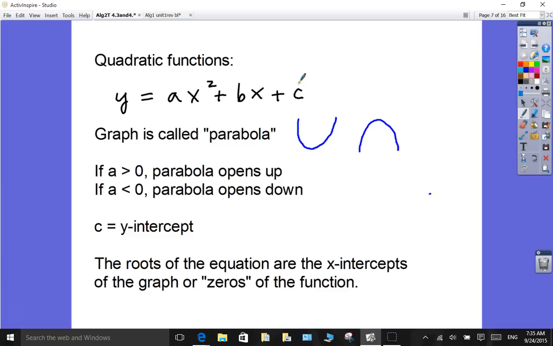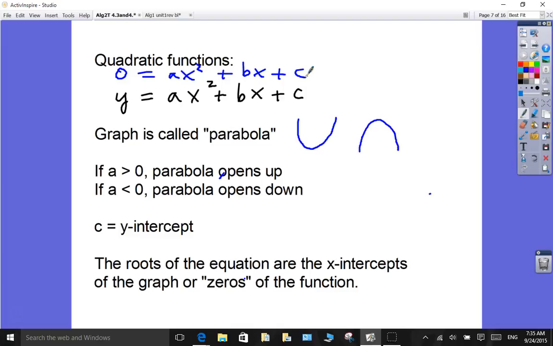Again, remember a quadratic equation, the one that we always looked at was like this. 0 equals ax squared plus bx plus c. So really, the quadratic equation is just the special case of the quadratic function where y equals 0.